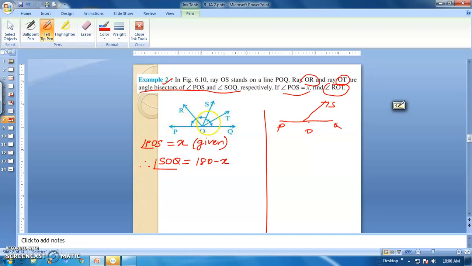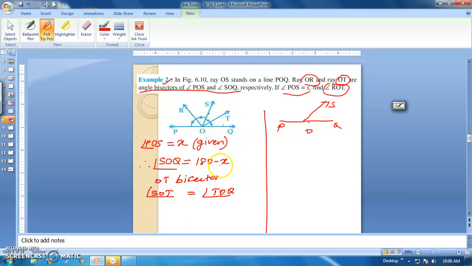And one more thing. Here POS equal to X is given, and this angle we found is 180 minus X, and OT is the bisector. OT bisector means SOT equals angle TOQ definitely, because these two angles are the same as the angle bisector is given.